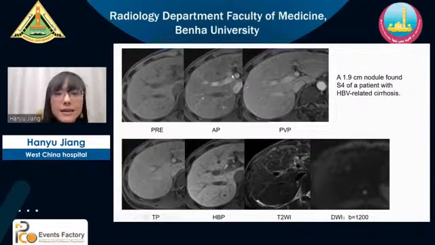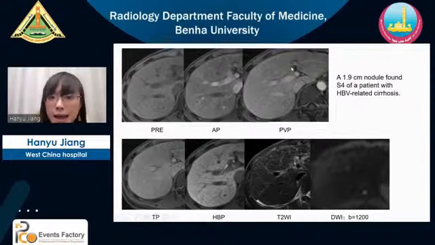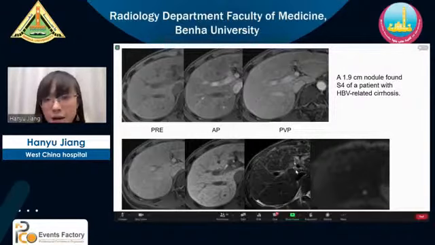It demonstrates non-rim APHE on the arterial phase image, mild washout on the portovenous phase image, and an enhancing capsule. It is hypo-intense in the transitional phase and hepatobiliary phase, and it demonstrates mild to moderate T2 hyperintensity. On diffusion weighted images, it demonstrates diffusion restriction using a b-value of 1200.